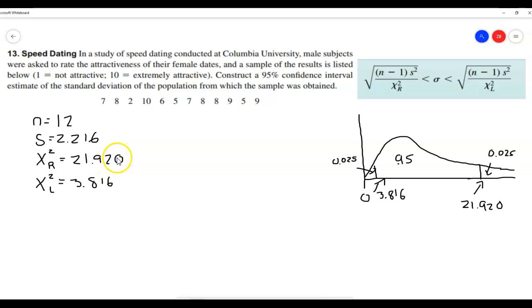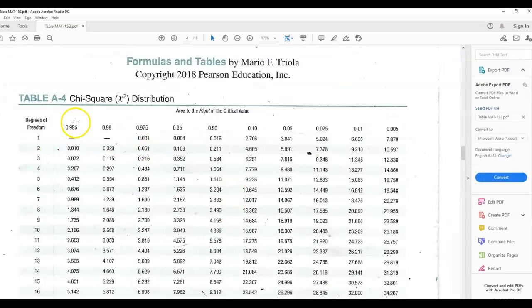And this is how we find our critical values. We take our confidence here, we write it in decimal form in our main body. We take the remaining part of that, which adds up to 100, and we divide that in half and put it in our two tails. And then we use that table there. I think it's table A4, which is the chi-square distribution.